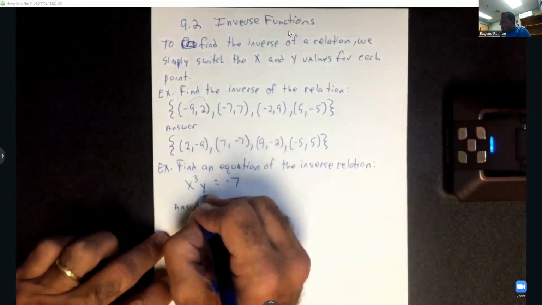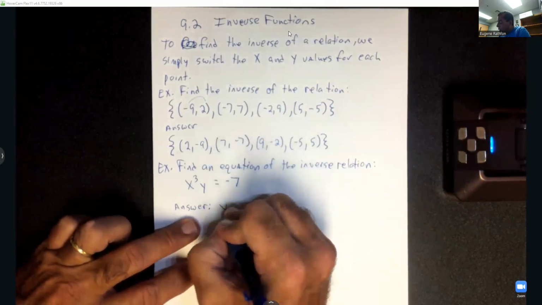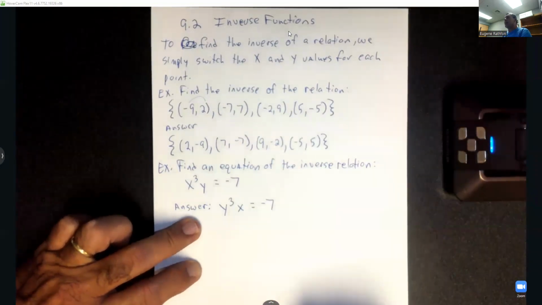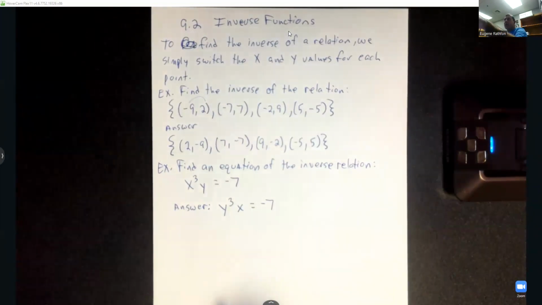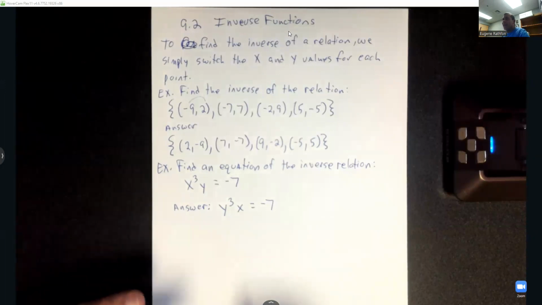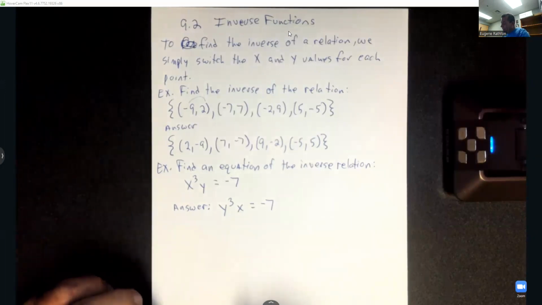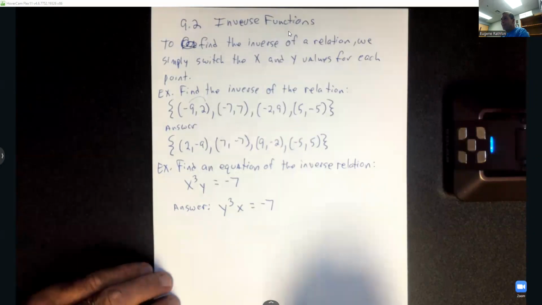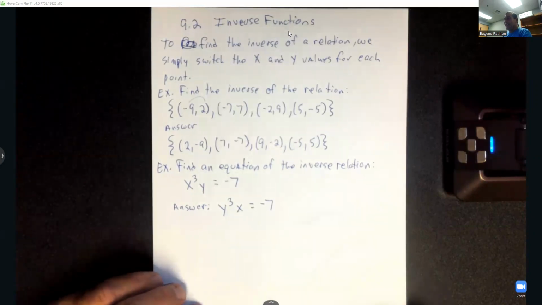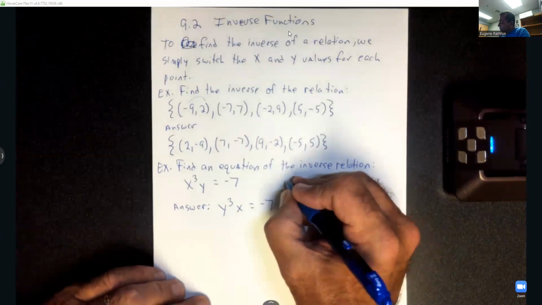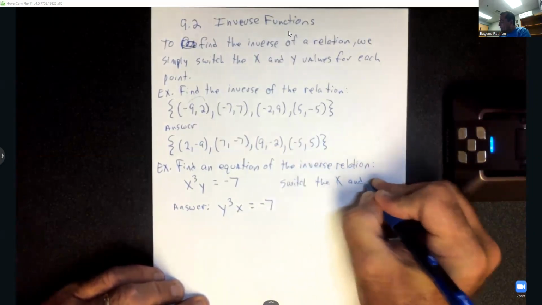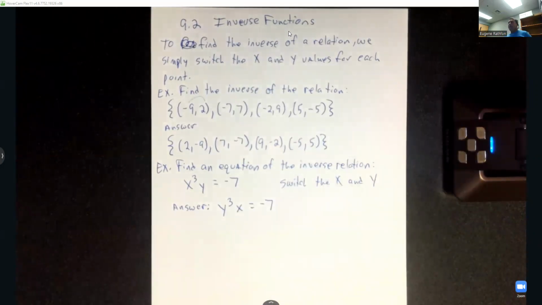So if I switch the x and the y, I would have y to the third x equals -7. Oh, cool. That was fast. So you got that, Tyler. Good job. Well, no, the tree was good because that gave me y cubed times x. Yeah, you're good. So once again, we just switch the x and the y. Okay.